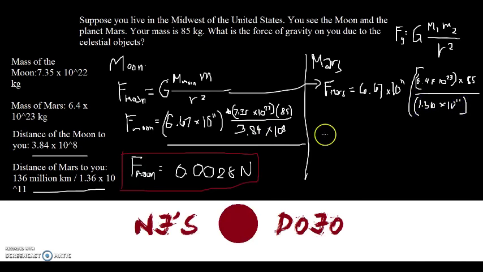Now, as we multiply that, we get that the gravitational force of Mars acting upon us is simply equal to 2.0 times 10 to the power of negative 7 newtons.